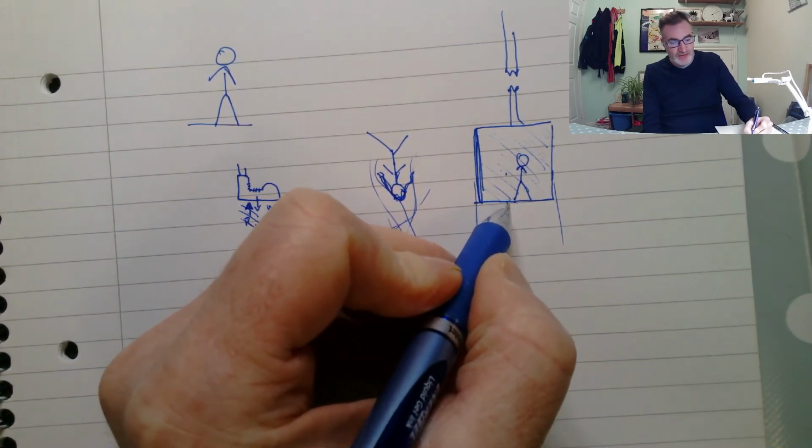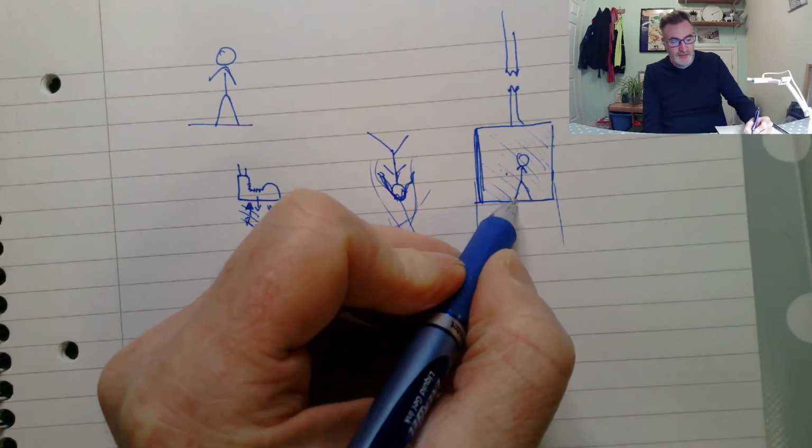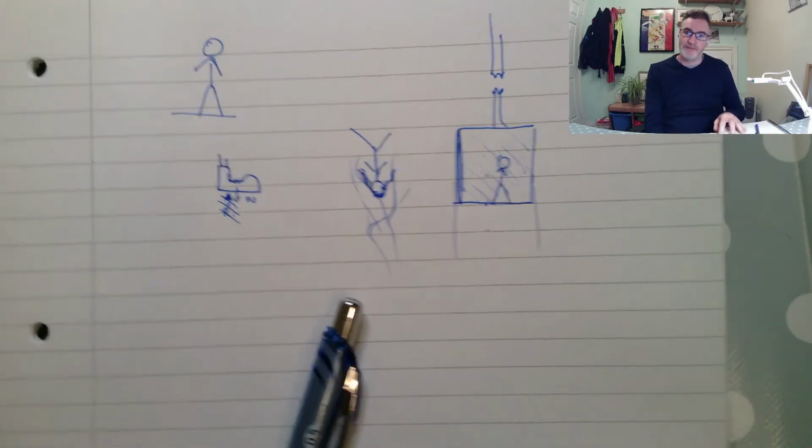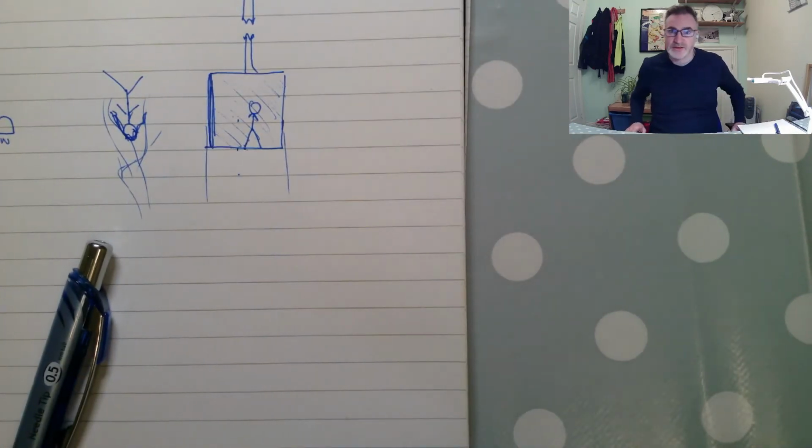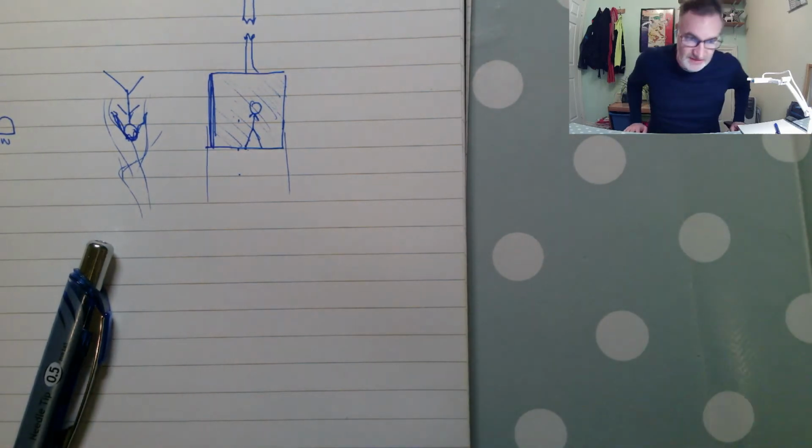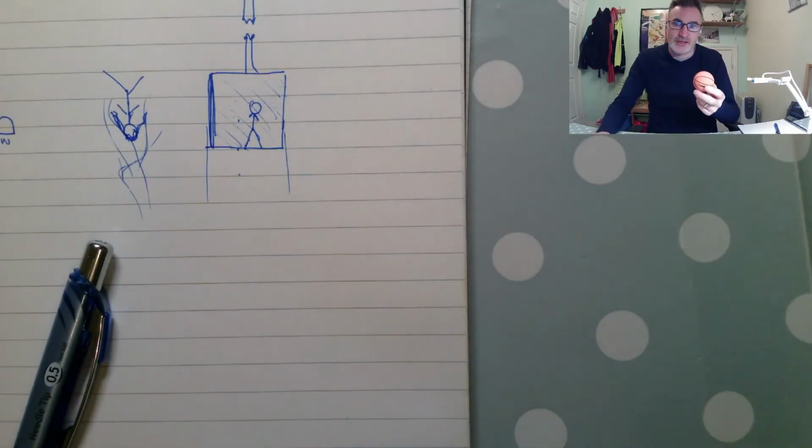This is being accelerated downwards at 9.8, and this is going to be accelerated downwards at 9.8. Now, I don't know how well this will come out in a video, but if I take this ball and then drop it, you won't be able to see it at all, but you can try it at home. What you're trying to do is accelerate your hand downwards at the same rate that the ball is accelerating down. So the ball is going to fall at 9.8 meters per second squared.